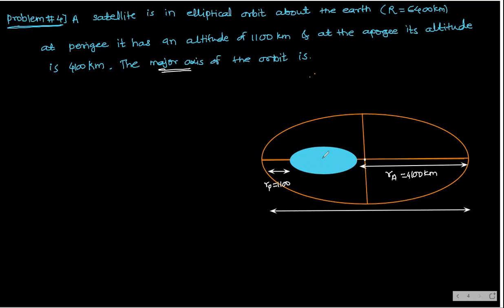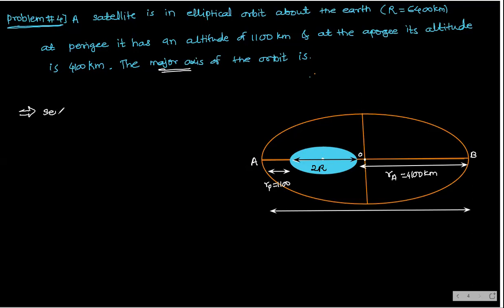And now see here, this is the center of the earth, so if I want this complete distance, this is 2R, which is the diameter of the earth. So this is 2R. And if suppose this is point A, this is point O, and this is point B, you have to find AB.